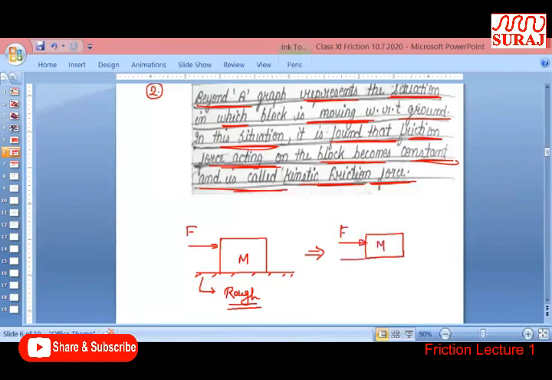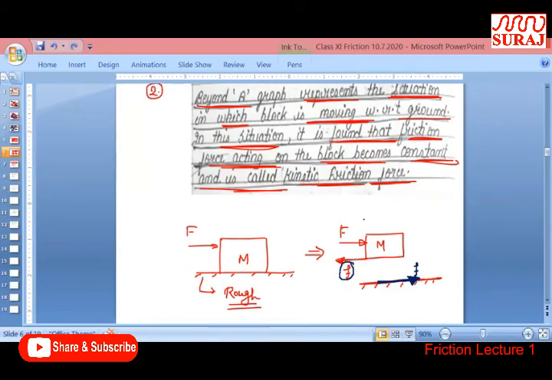So as the block has external force from left to right, then the friction force on this block will be along the surfaces in contact but in opposite direction. And since these are internal forces, it will follow Newton's third law of motion, which says that for every action there is a reaction. So if this is the action, then the reaction will be like this.